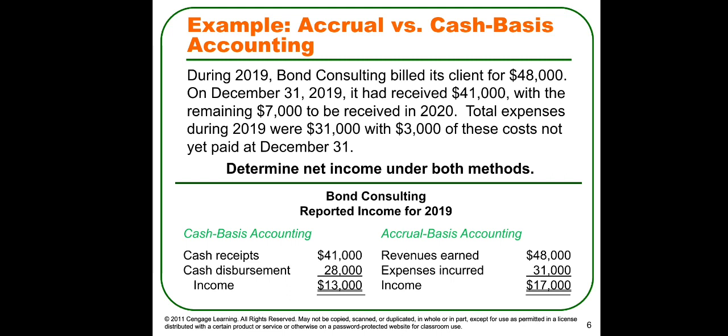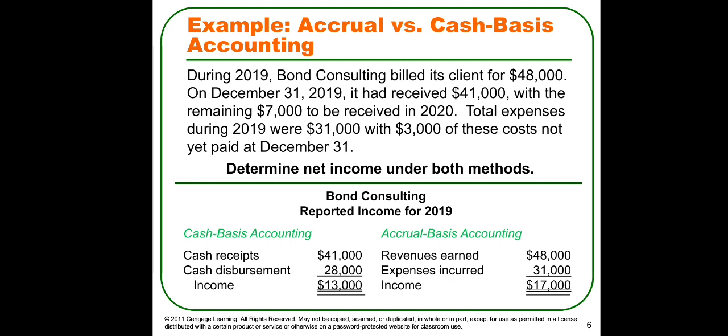The second thing is you have to know about this. If somebody asks you which one is more accurate to calculate profit, cash basis accounting or accrual basis accounting? Okay, the answer is accrual basis accounting is more accurate for calculating profit, because when you use accrual basis accounting, it shows what had happened during the accounting period.